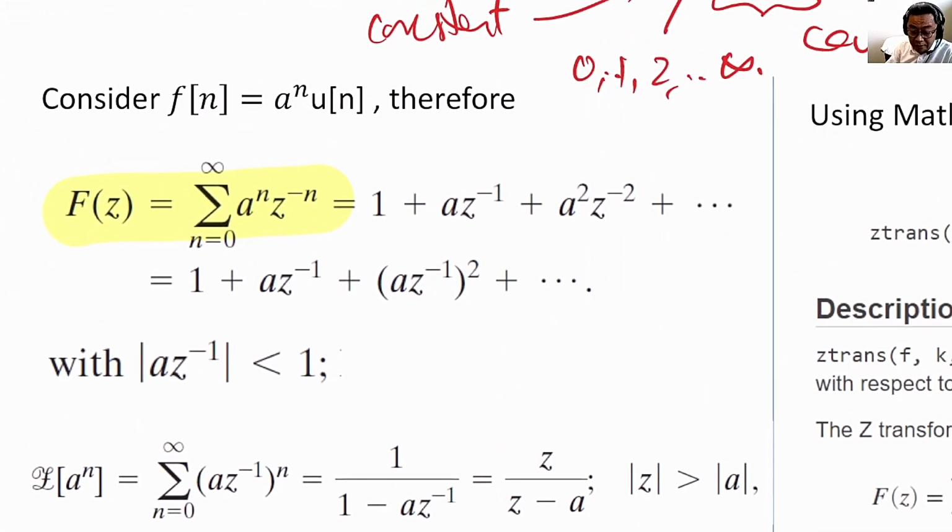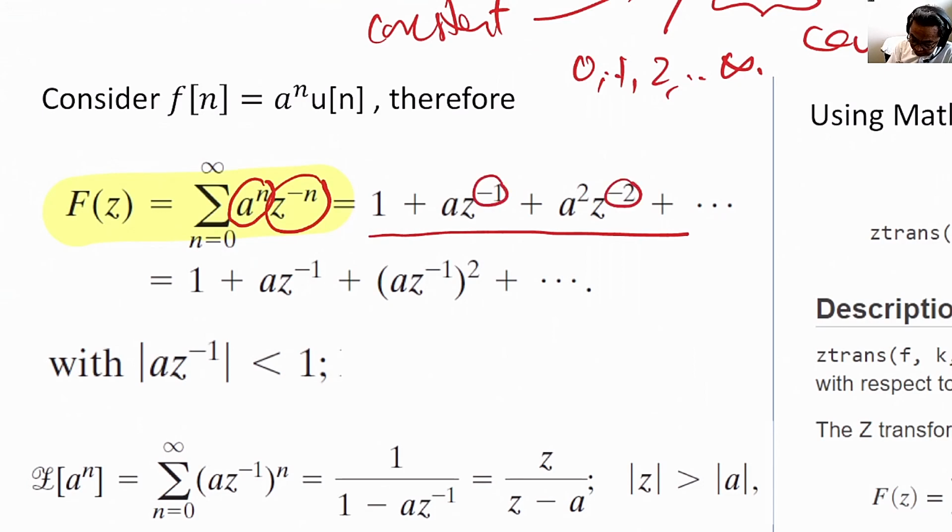Let's plug in the sequence a^n into the Z transform. When we plug in a^n into the Z transform, we convert the sequence into a polynomial. This is a polynomial of negative power. Let's first convert this expression az^-1 into r equals az^-1.